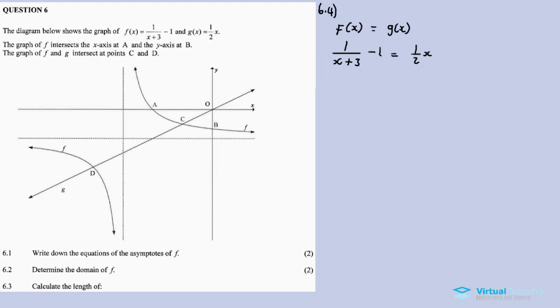So 1 over x plus 3 minus 1 is equal to x over 2. This 1 over 2x is the same as saying x over 2, right? It will be much better this way.